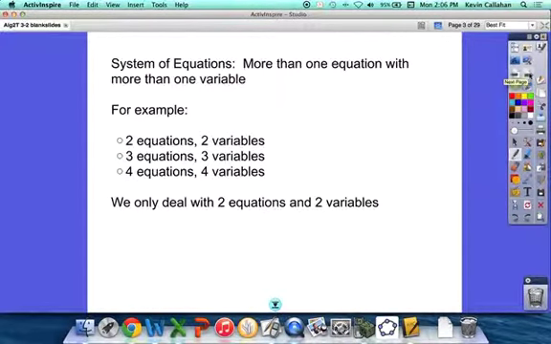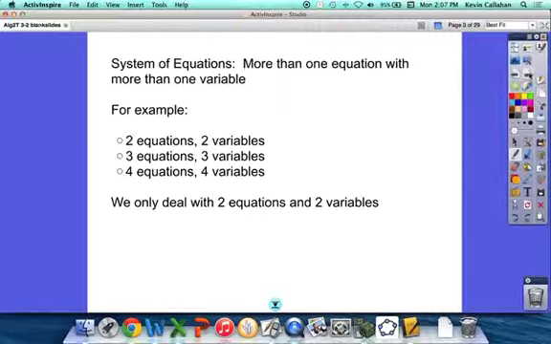So systems of equations, or a system of equations, means more than one. Generally, you have as many variables as you have equations. So you could have 2 equations and 2 variables, 3 equations and 3 variables, 4 equations and 4 variables, and so on.